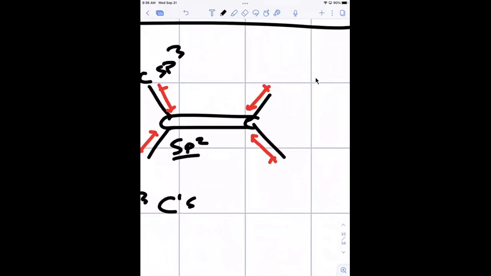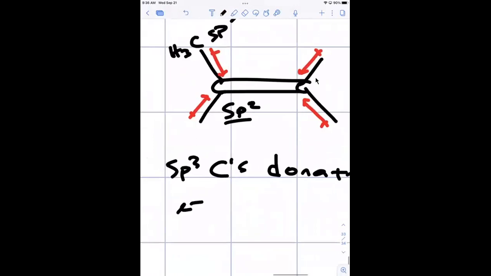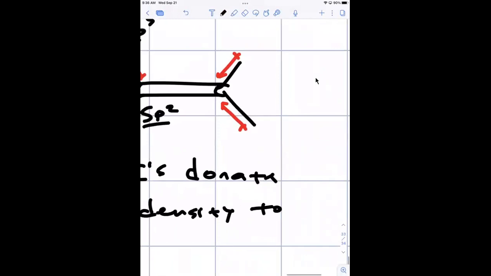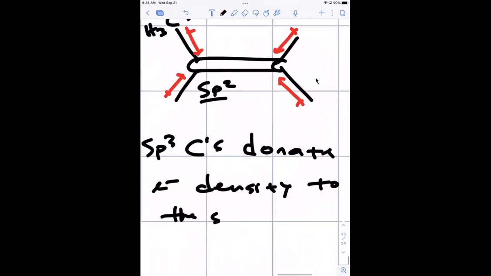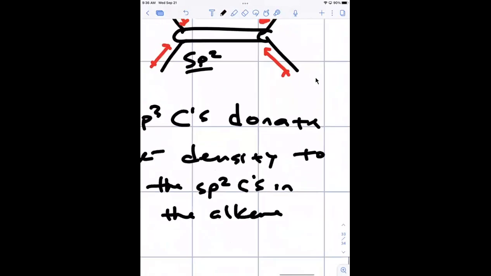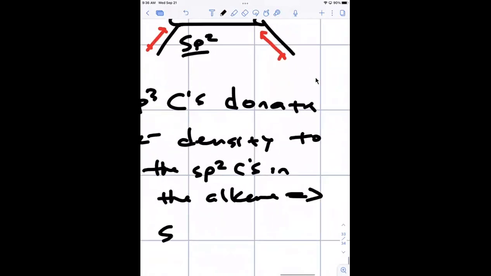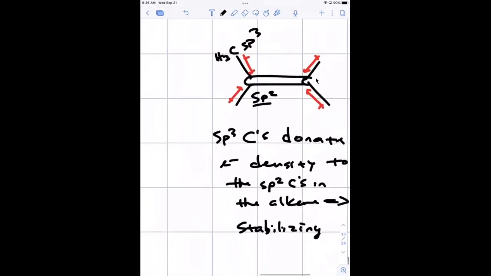So those sp3 carbons donate electron density. That has a stabilizing effect on it.